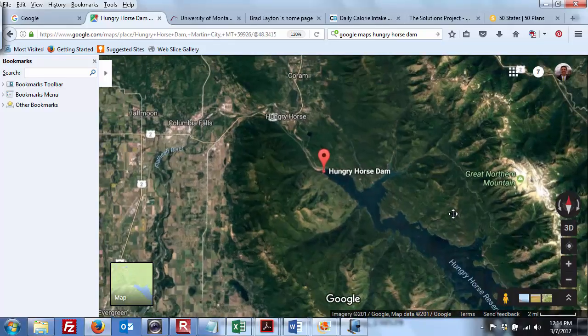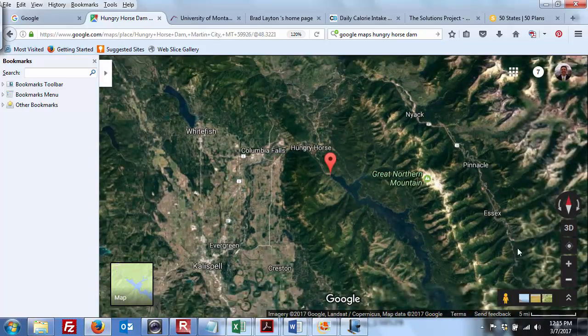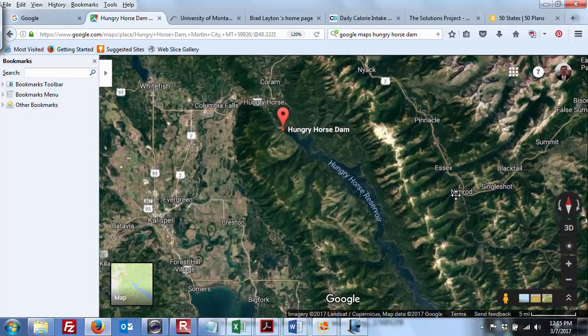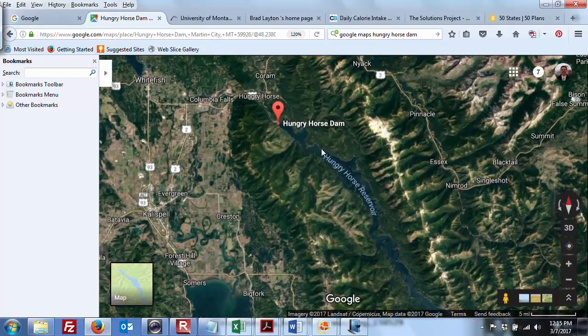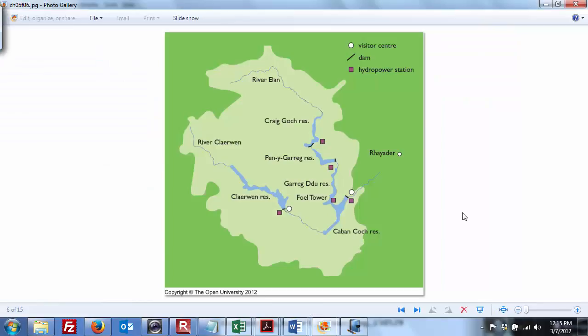But we can do something similar right here in Montana and say, well, gosh, there's the Hungry Horse Reservoir just east of Whitefish. Is it something like a dozen dams in Montana? Something like 12 dams of this size in Montana, but there's ours. There's England's version. We've got our own.